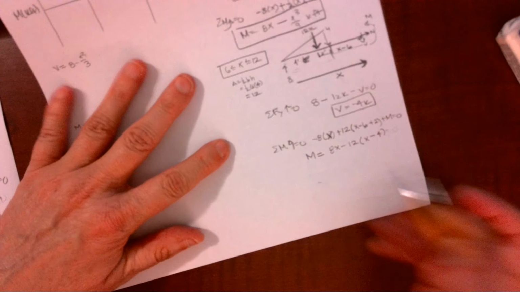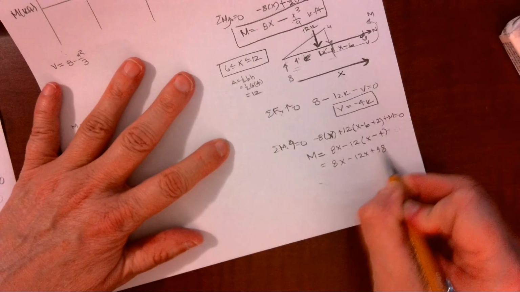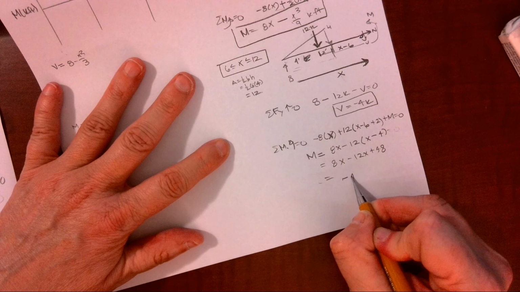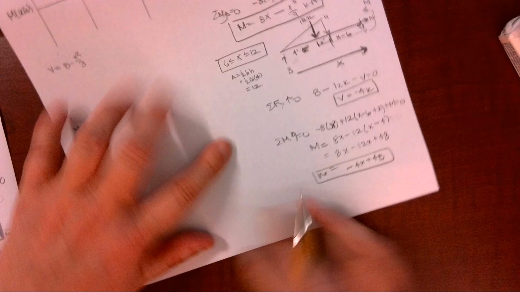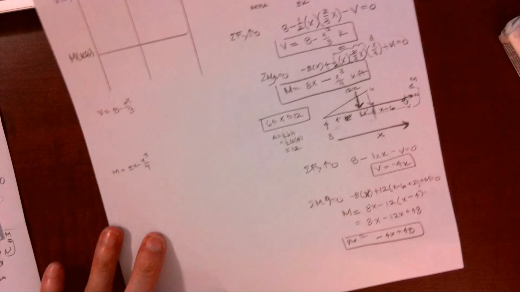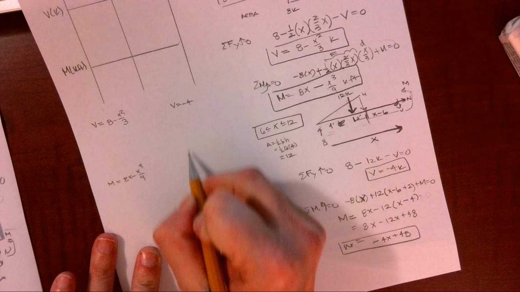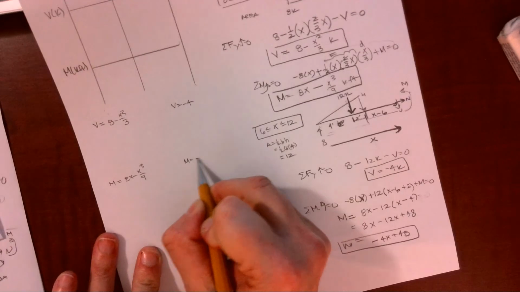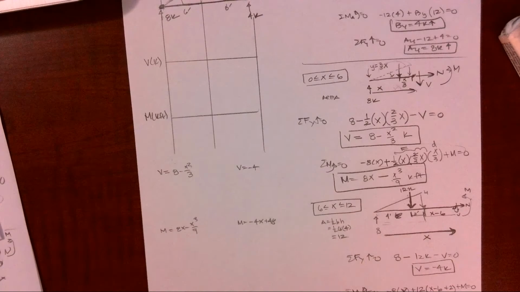Equals 8x minus 12x plus 48, equals minus 4x plus 48. And that is the equation for our moment. So when we're looking at this segment, we have V equals -4, and a moment of -4x plus 48. So now it's time to begin graphing.